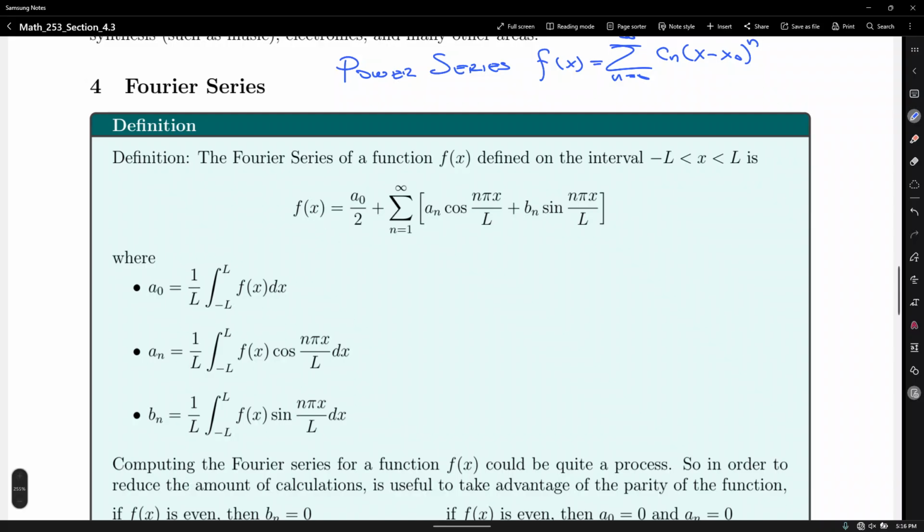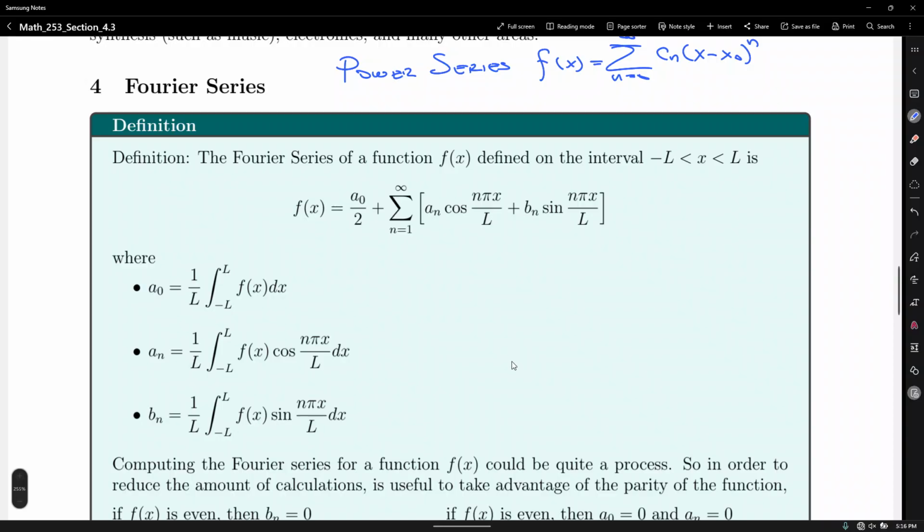So we need to evaluate a few integrals just to get those coefficients, unlike Taylor and Maclaurin series. Remember how we were taking multiple derivatives to get those coefficients? No, this time we're going to integrate. Well, guys, these integrals make it interesting, so to speak.